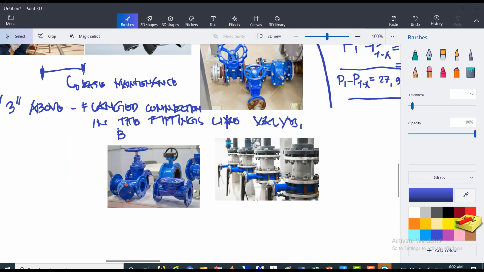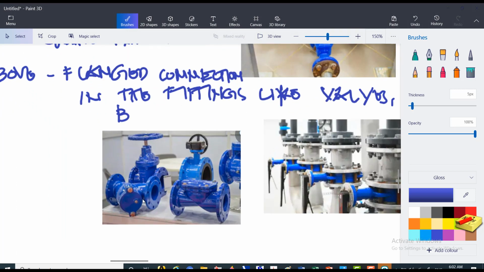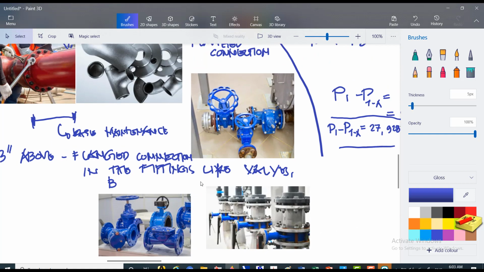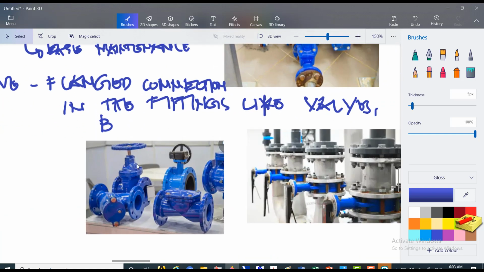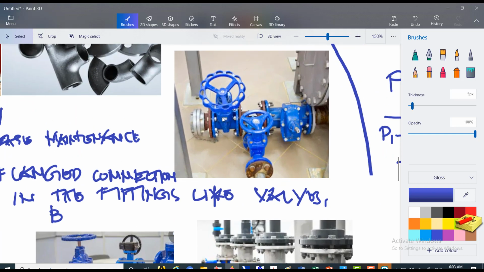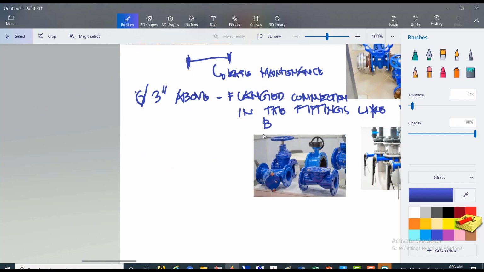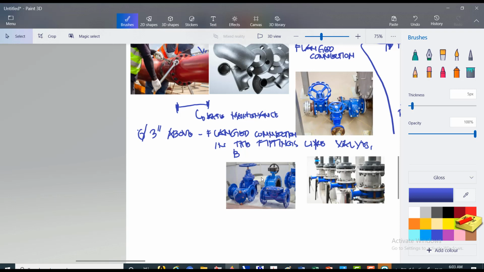Okay, so yeah, valves. So we have your Y strainer. This one is, I think, a pressure reducing. You have another butterfly valve here. So you will notice this is all flange connection. Okay, so this one also a butterfly valve. So this is OSY, ito OSY type valves. Okay. So nagre-range yung 3 inches pa above. So we start with 3 inches above.